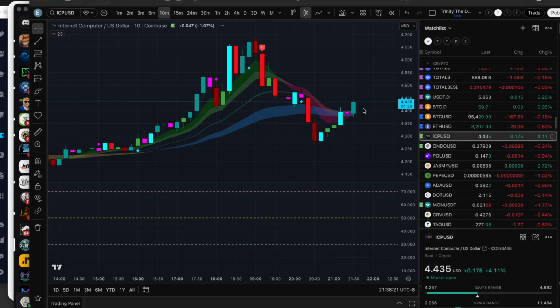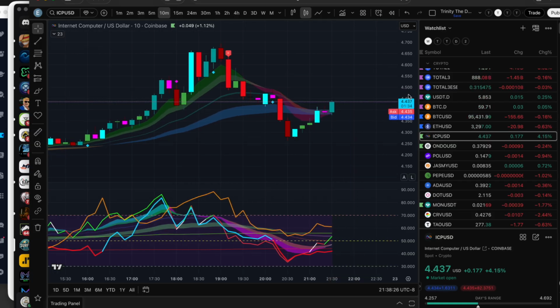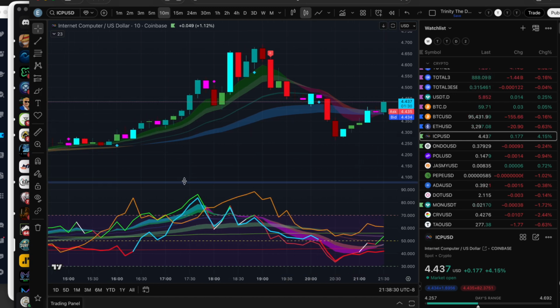So I know that ICP today was a little bit bearish, and we can see ICP. We've got a buy signal down here, but if you take a look, the current RSI is not over the higher time frame RSI, and it doesn't break over that higher time frame RSI until this point here. So I would have got a buy signal here.